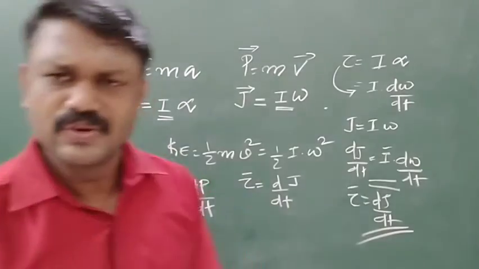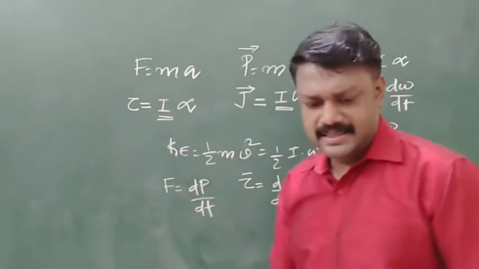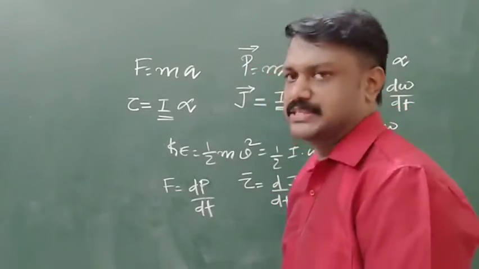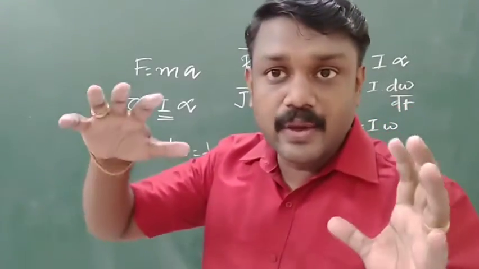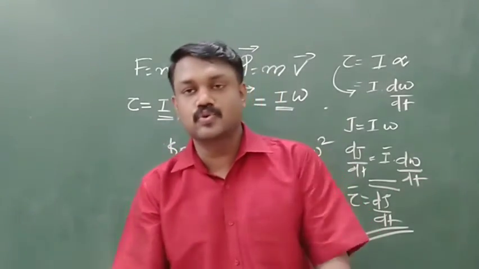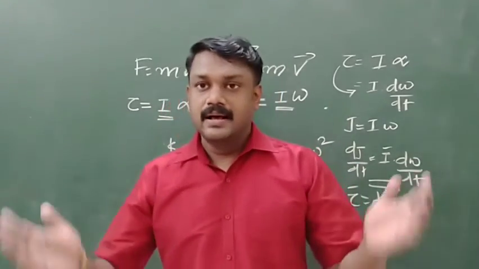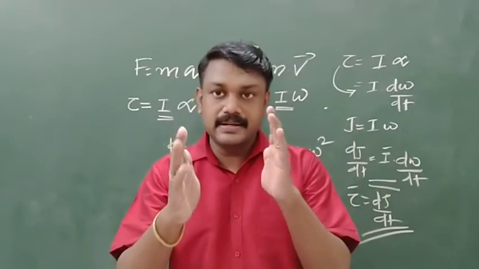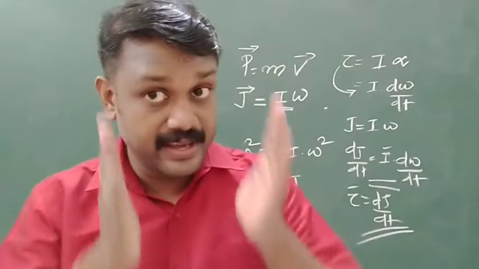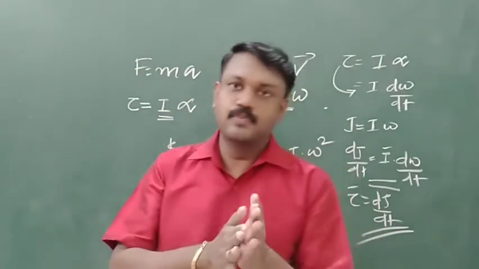These are simple relations. That is why it is not mentioned in your syllabus, but it is given in the textbook. So you remember this equation. Every equation in linear motion can be easily converted into rotational motion by changing linear terms into angular terms. That we have seen in the last class by deriving the equations of motion.